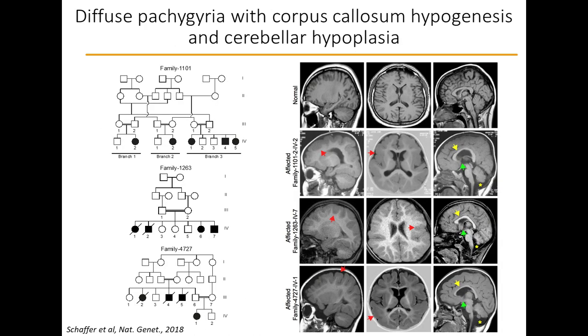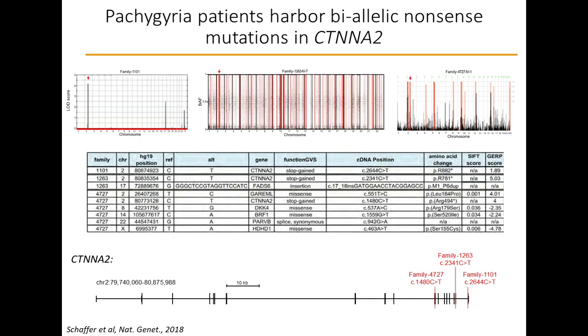Using this approach, we identified 3 families with a unique MRI showing a diffuse pattern of pachygyria with cortical thickening up to 10 times its normal thickness. Patients had a thin corpus callosum, varying degrees of cerebellar hypoplasia, and a complete absence of the anterior commissure. Sequencing and bioinformatics analysis found a shared region of homozygosity on chromosome 2.